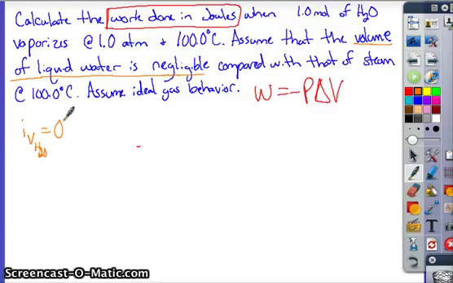We need to find out, all right, well, what is the final volume when water is no longer in the liquid state but now in the gaseous state? So we're going to have H2O in the gaseous state, and we want to know what is the volume of this H2O in the gaseous state. We're also told ideal gas behavior.